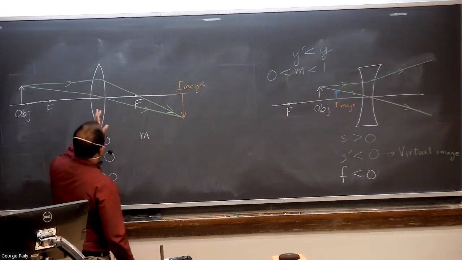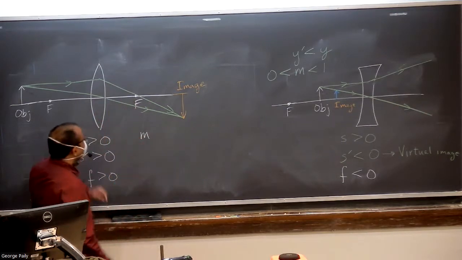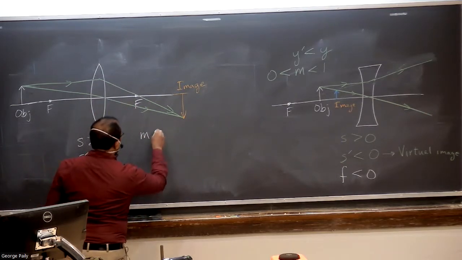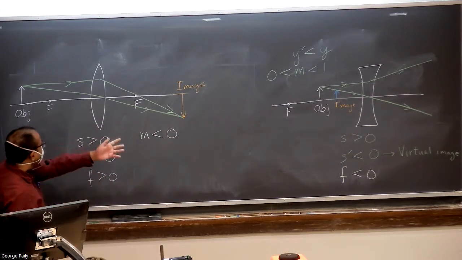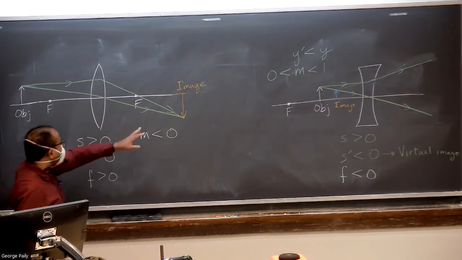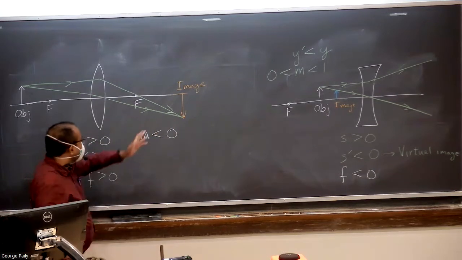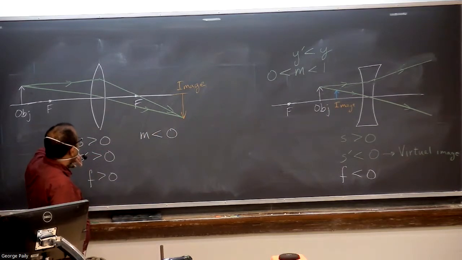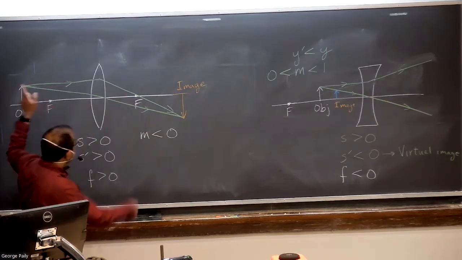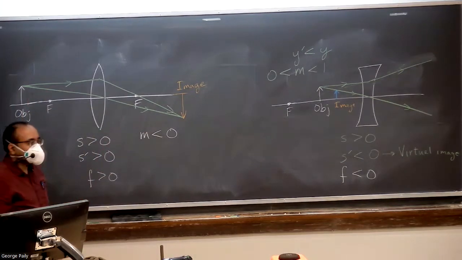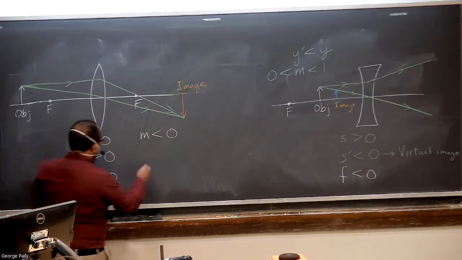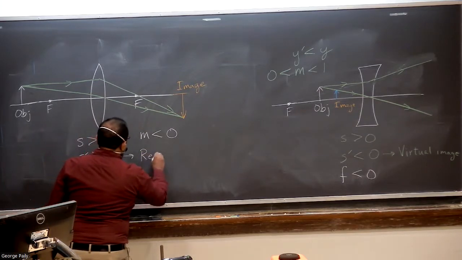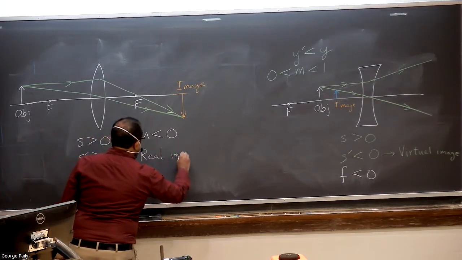We can at least see that it is negative. And I think it's going to be less than -1, so to speak. Oh, the absolute value would be greater than 1, but that's harder to judge. But we can see that it's negative because it's inverted now. And it is a real image. Yep, S prime is positive. We've got a real image.